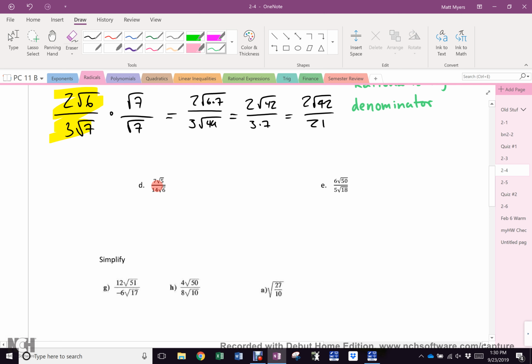What do I see? I see 7 over 14, and I see root 5 over root 6. Now, some of you are going to right away say, oh, I can simplify that. To what? 1/2, right? Okay. So let's see if that will work for us.